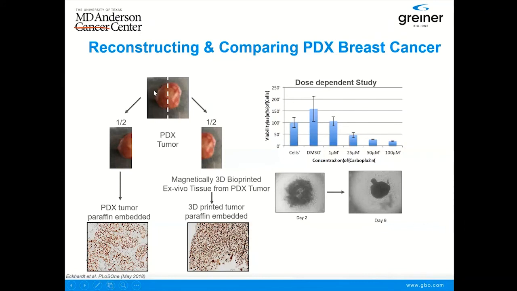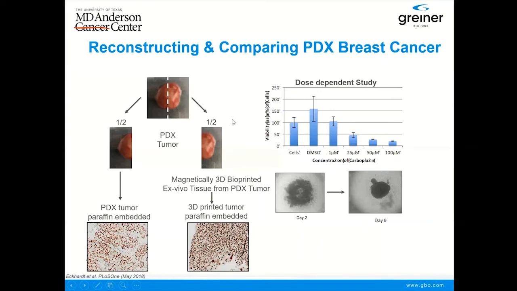We split the tumor in half. Half we used the traditional pathology methodology that they have in the lab. The other half, we came up with a protocol in which we broke up the tumor, we magnetized the cells, and we reassembled the culture magnetically. And here are the results.